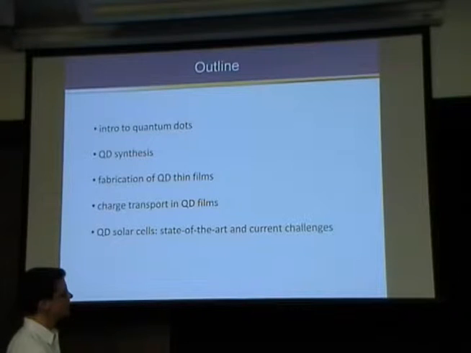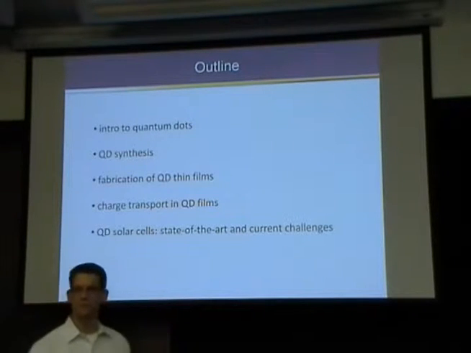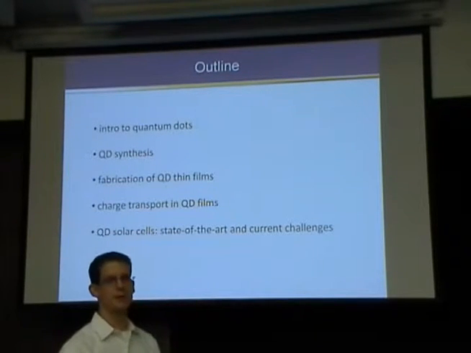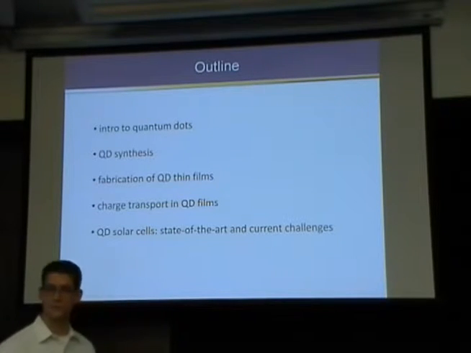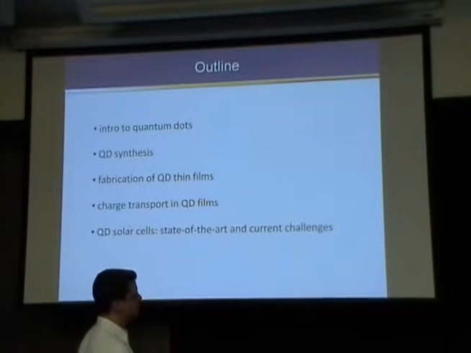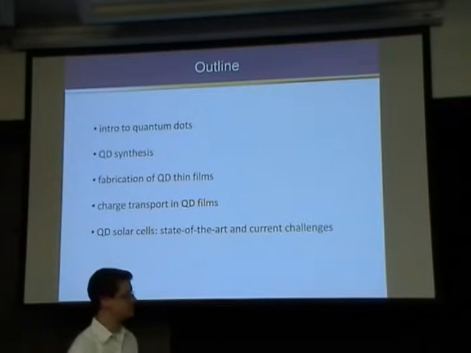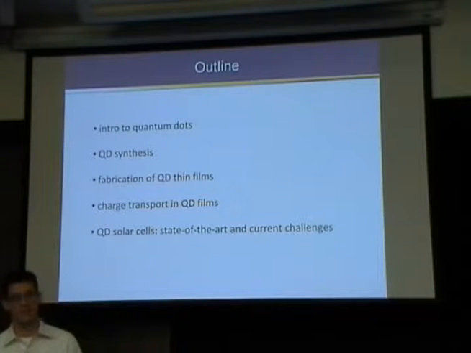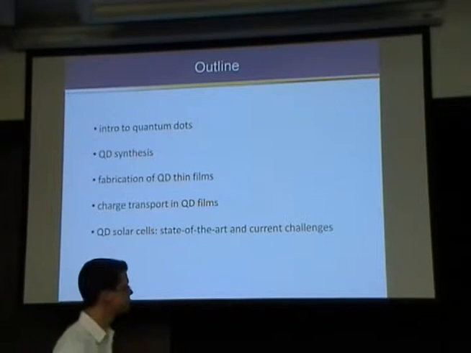And then a lot about fabrication and characterization of quantum dot films. These are conductive films that are pure quantum dots with no other phases present. Probably tomorrow morning, in my second talk, we'll get into the details of charge transport in these materials, and then apply those principles and lessons to quantum dot solar cells to understand the state-of-the-art and the existing challenges.